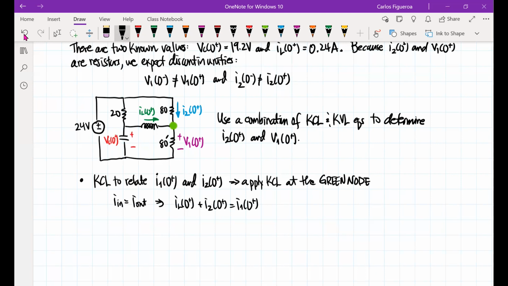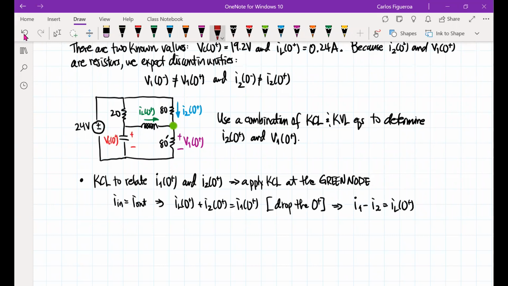Now remember, this one is for the 80 ohm resistor. Instead of carrying the 0 plus here, I'm going to drop the 0 plus, but we know that that's the case. So if I do that, look what I have: I1 minus I2 equals IL of 0 plus.